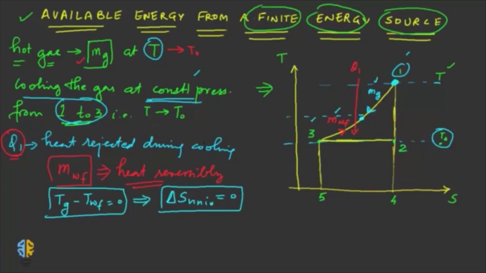Now let us say the working fluid has been heated from T0 to T, that is, it has gone from state 3 to state 1. At state 1, because the working fluid has now become hot, we are expanding it reversibly and adiabatically in an engine, or let us say in a turbine, from state 1 to state 2.